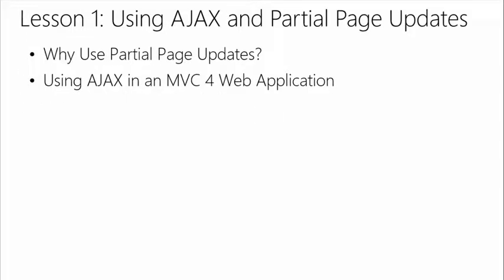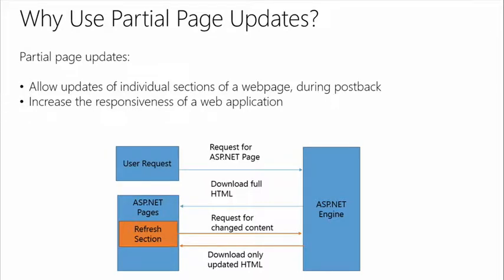Let's start off and take a look at our partial page updates. So this begs the question, what is a partial page update? Well, it's sort of like the name implies, that only a portion of the page is going to be updated. It's going to be partially updated. And I like the way that this slide breaks everything down for you.